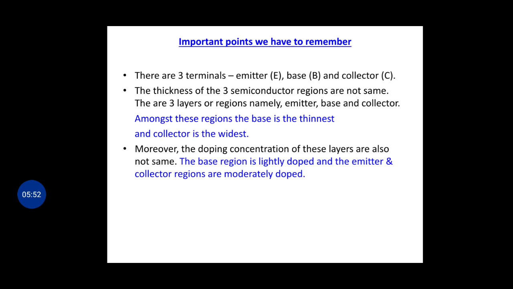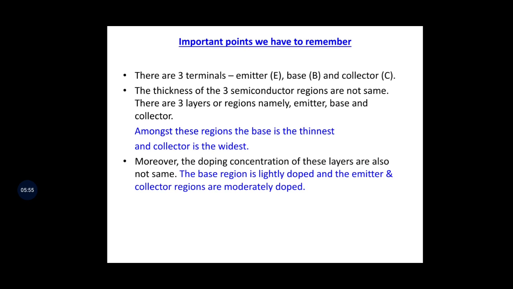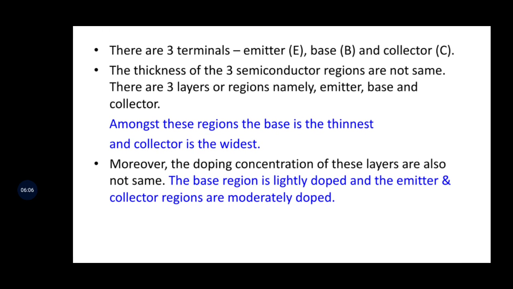There are three layers or regions in the structure, that is emitter region, base region and collector region. Amongst these three regions, the base is the thinnest, the most narrow region, and the collector is the widest.